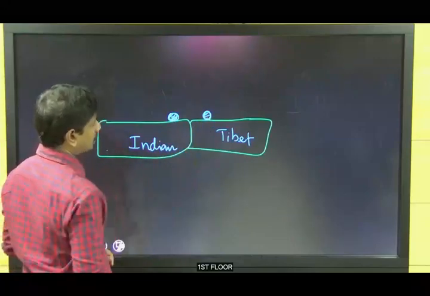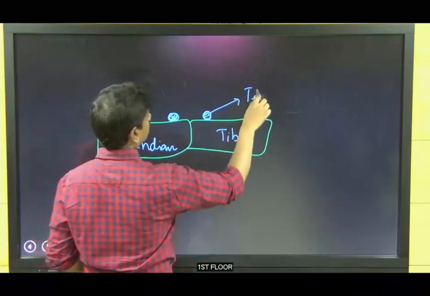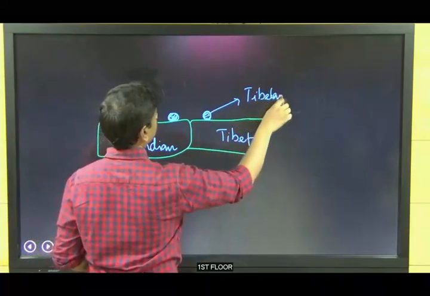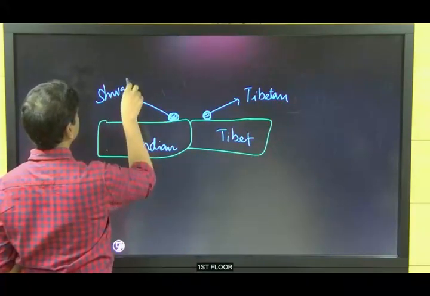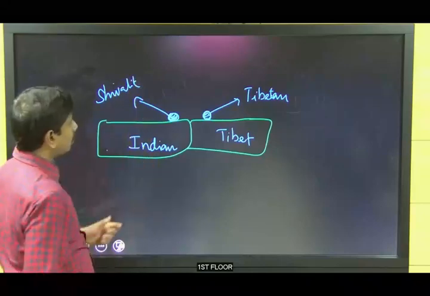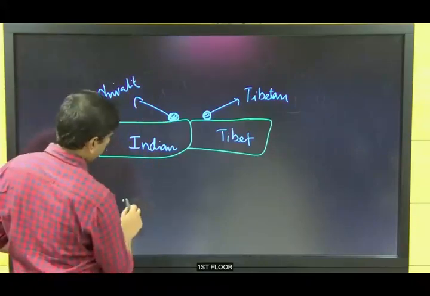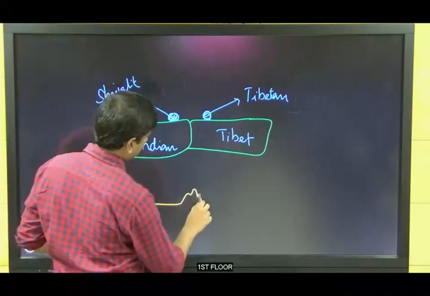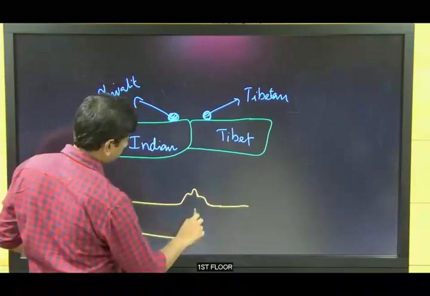This is the Tibetan river. This is the Shivalik river. In the next stage, what happened? The Himalaya started rising, like this.